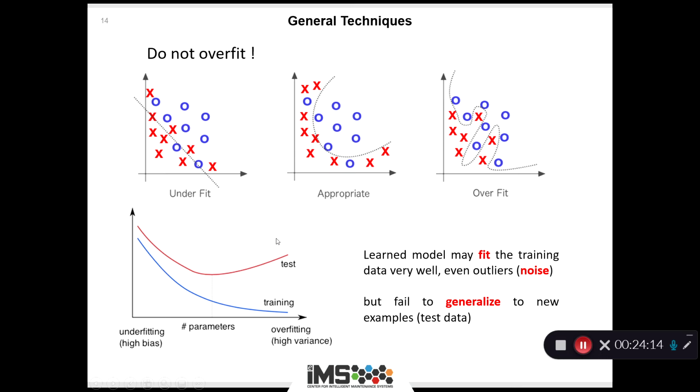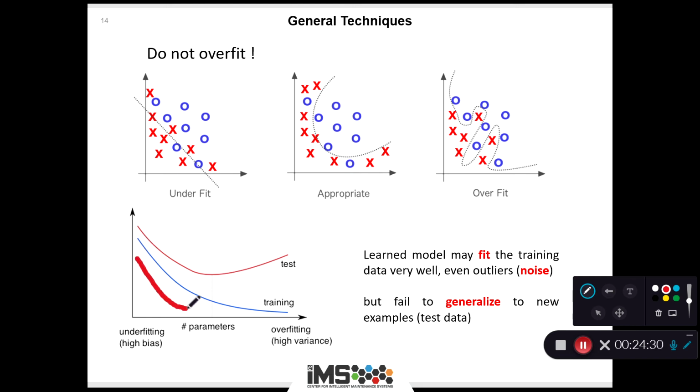And the general pattern will be like this. Usually we train the model using the training data, and we want to minimize the loss value of the training data. So it can of course be minimized. But the test data will not be the same as the training data.